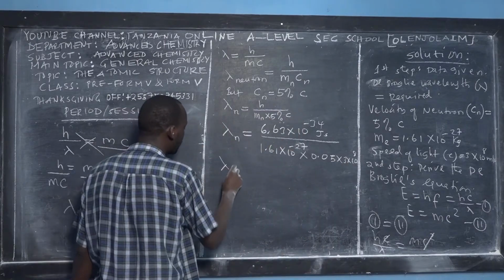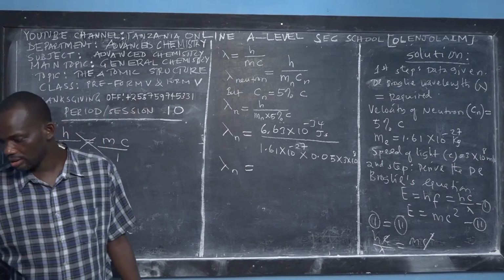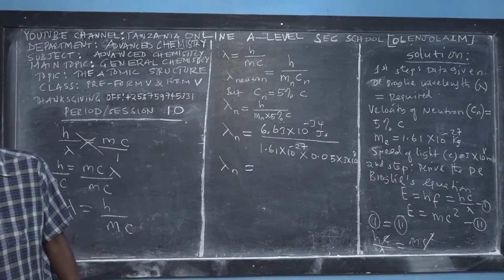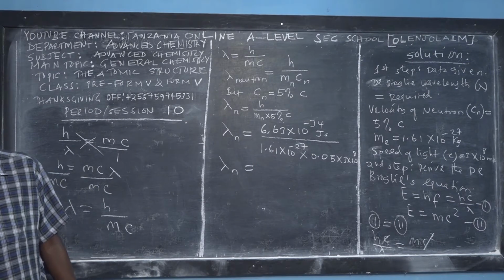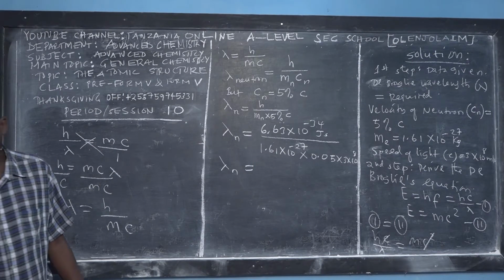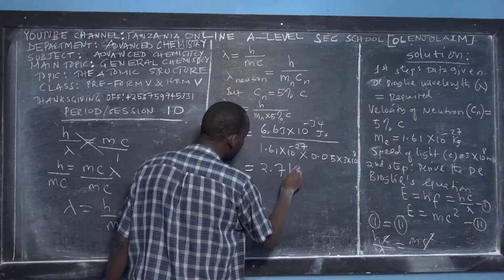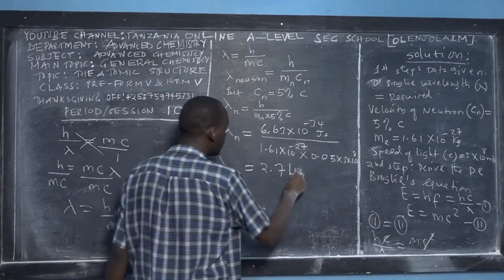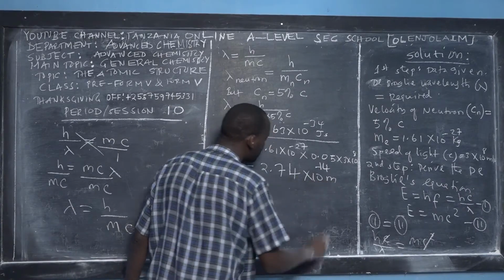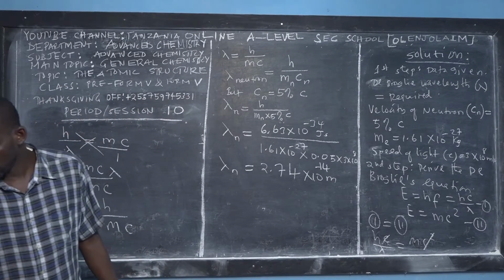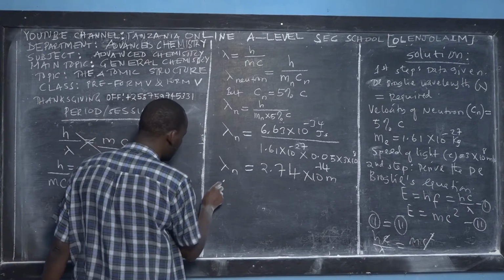So the wavelength of the neutron will be equal to what? Use your calculator, and enjoy the beauty of chemistry in that case. So the de Broglie wavelength will be 2.74 exponent negative 14 meter. Okay, so that is the de Broglie wavelength.